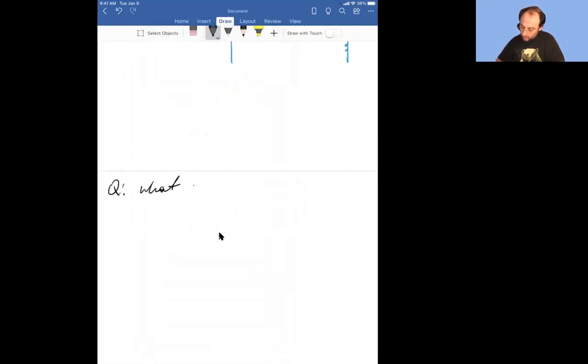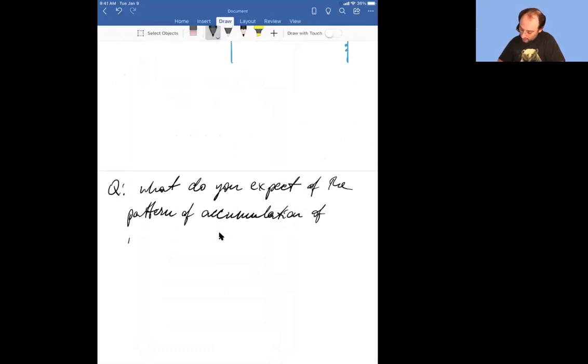What do you expect of the pattern of accumulation of impacts as more photons arrive?